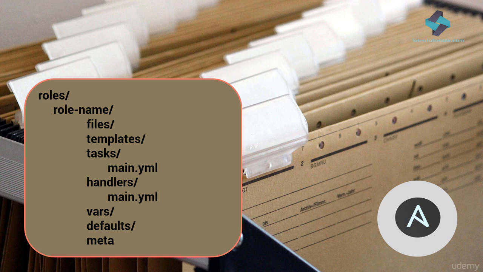But this roles folder does not need to be local to the main playbook file. It can actually live on a remote file server. In such a scenario, we can configure roles_path in the main Ansible configuration file to be read from a centralized location where all common Ansible roles may be stored.